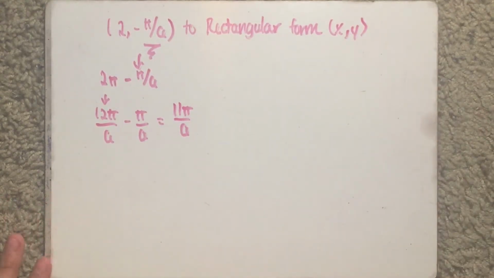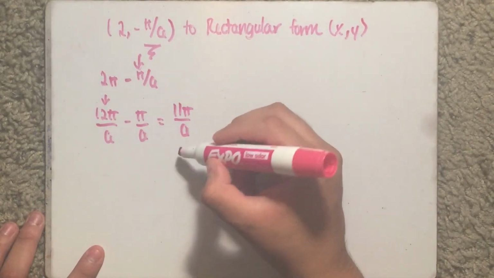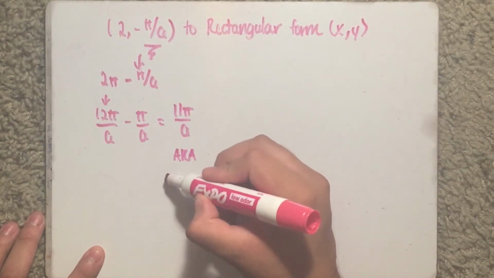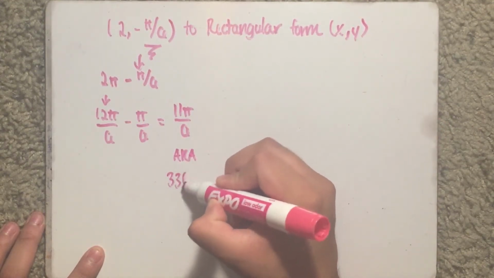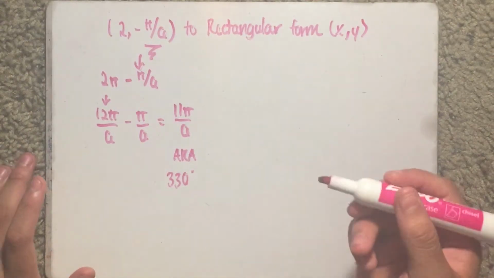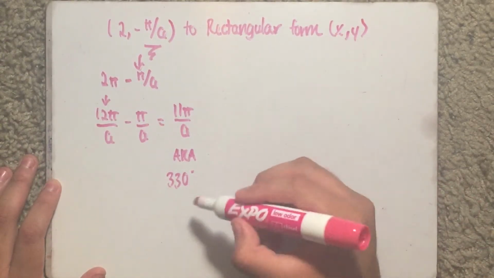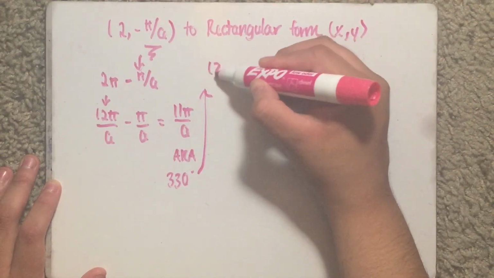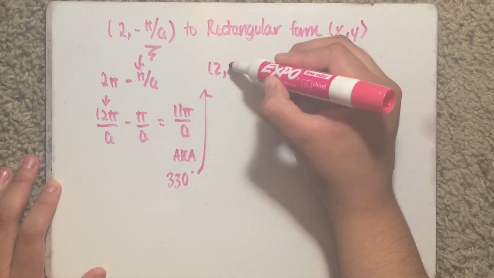Or, in degree form, it would be 330 degrees. So now we have the legitimate angle, and we can rewrite it back in polar form, but with a positive angle.